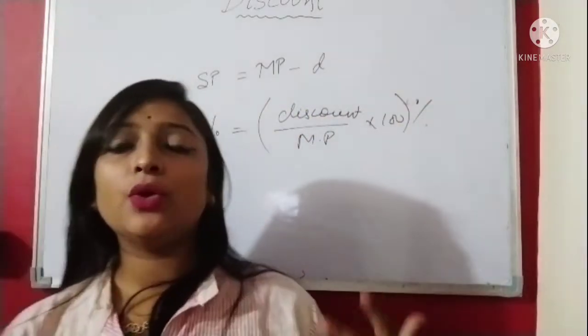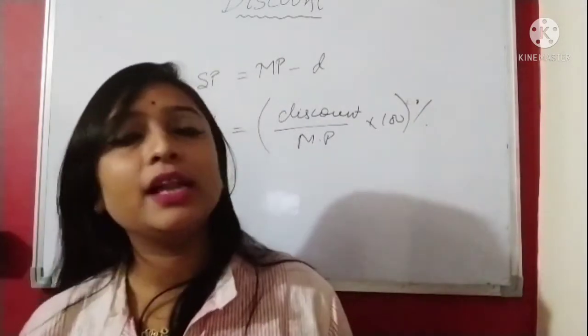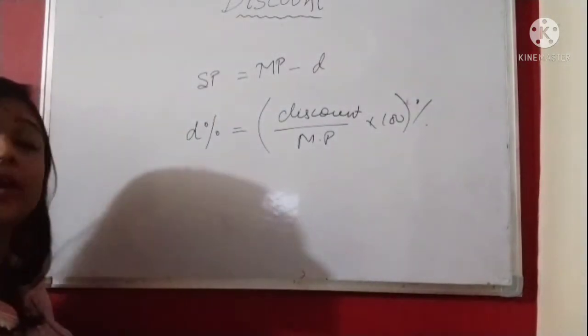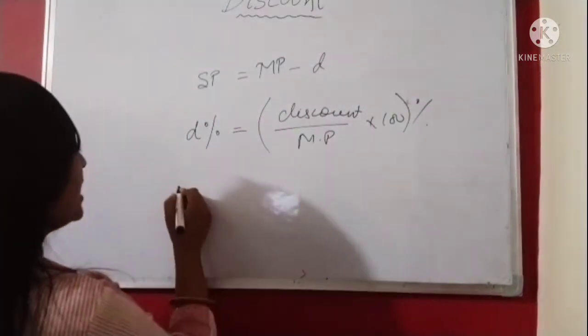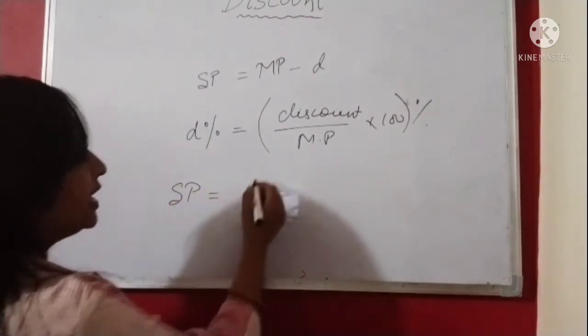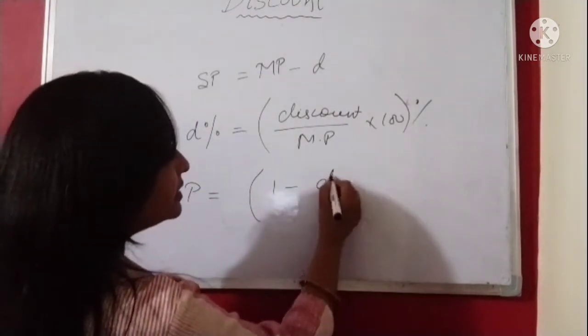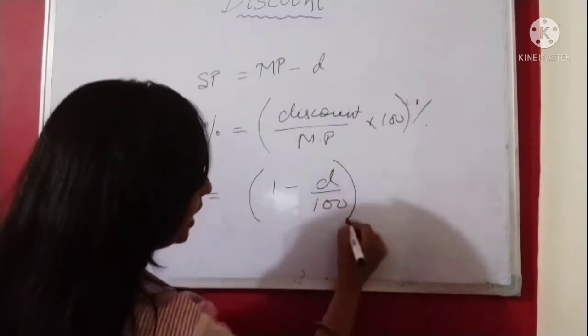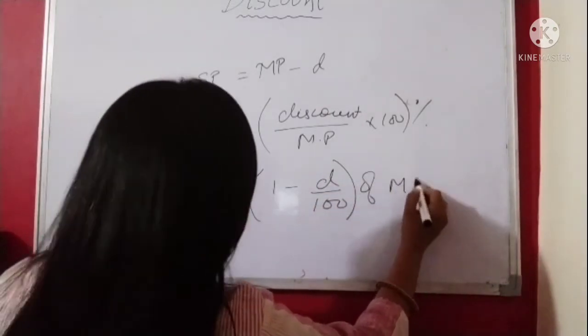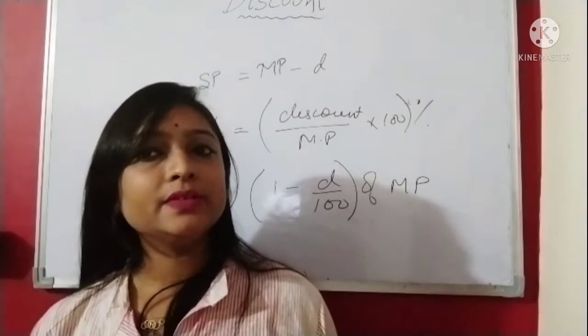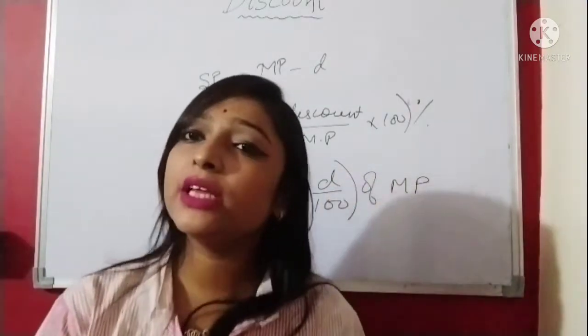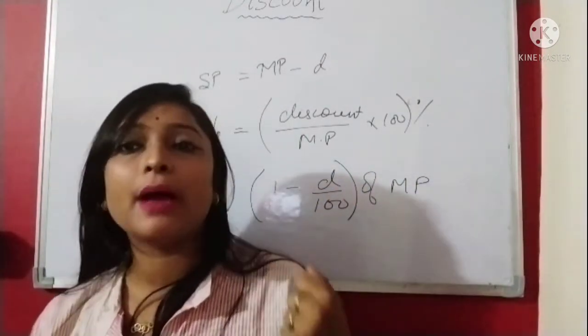Now, if we have the value of discount percent, if we have the value of marked price and we are supposed to find out the selling price, then we have one more formula for SP, which is 1 minus discount percent of MP, right? Now sometimes it happens that we are getting 2 or more than 2 successive discounts on the same item.